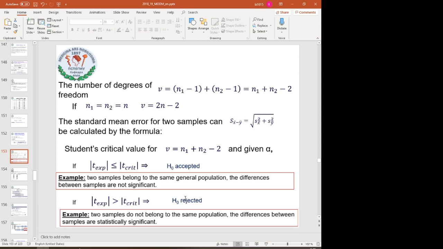They are taken from different populations, for example healthy and sick patients.